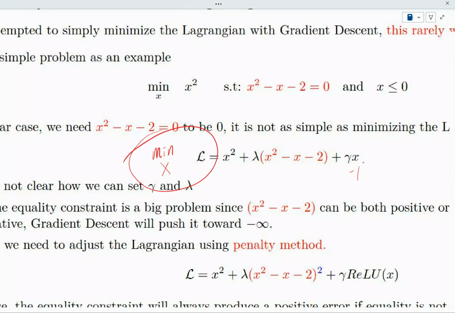You can just keep setting x to be minus 1 million, and keep making it smaller until this reaches negative infinity, which is the smallest possible. Notice how if you run gradient descent, x would just become smaller and smaller, or this value here would just become smaller and smaller. So you're not really trying to satisfy the constraint when you run gradient descent.